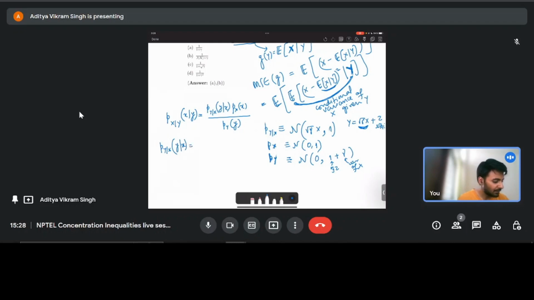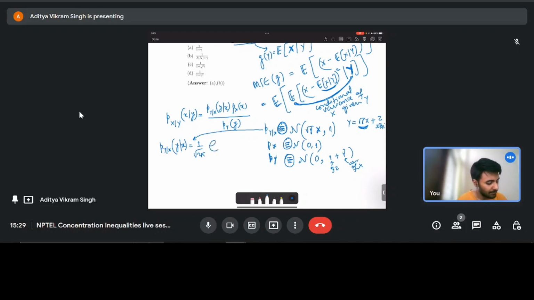So you have all these things, and now p of y given x is this normal, and so now we write the precise density. This would be 1 by root 2 pi, e power minus (y minus the mean)^2 by 2. We want to write the density of a normal random variable with mean root gamma x and variance 1.